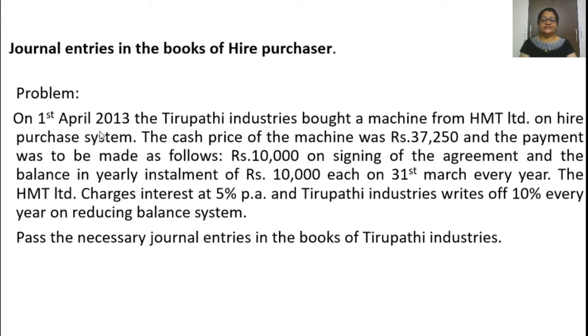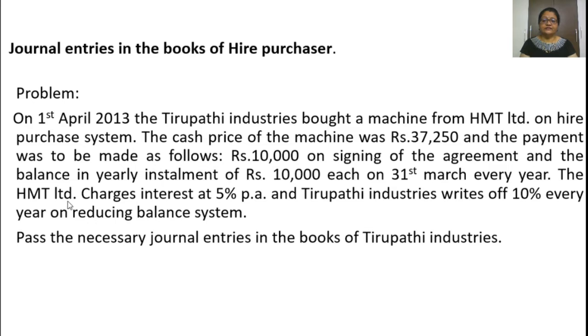On 1st April 2013, Tirupati Industries bought a machine from HMT Limited on hire purchase system. The cash price of the machine was 37,250 and the payment was to be made as follows: 10,000 on signing of the agreement and the balance in yearly installments of 10,000 each on 31st March every year.